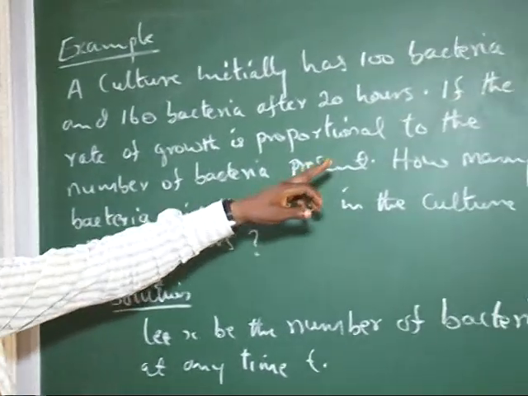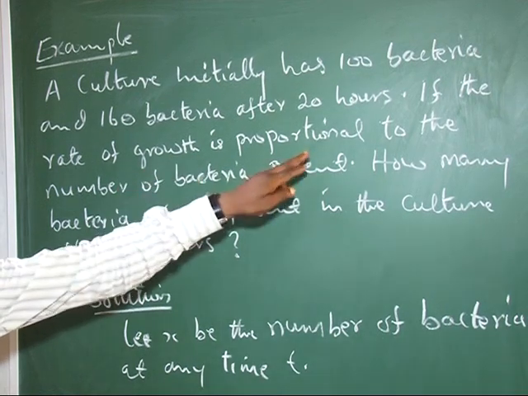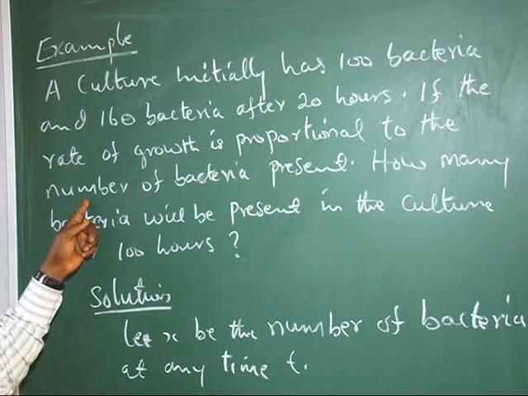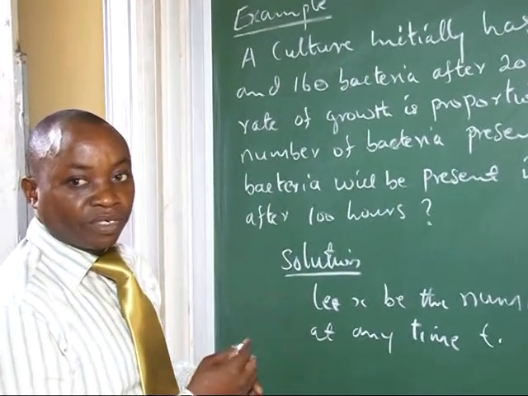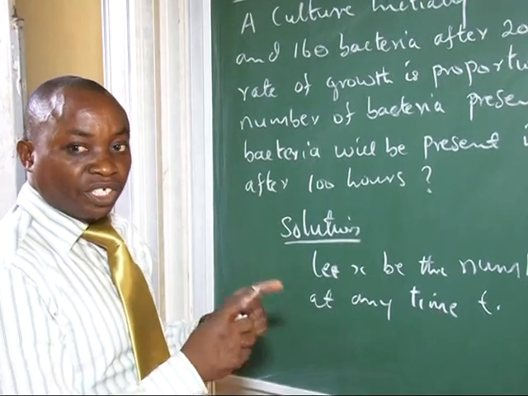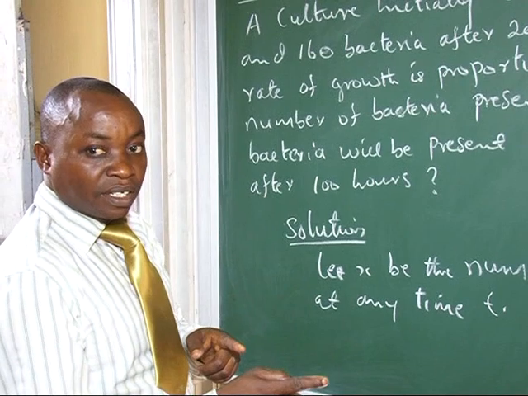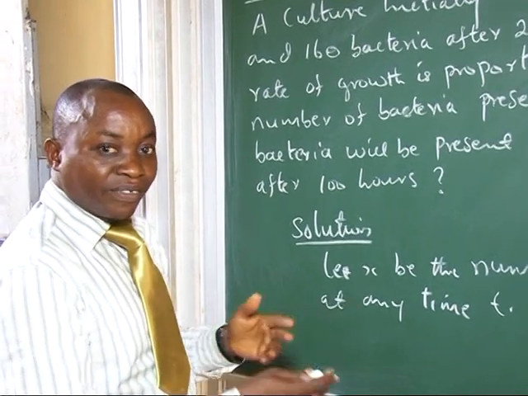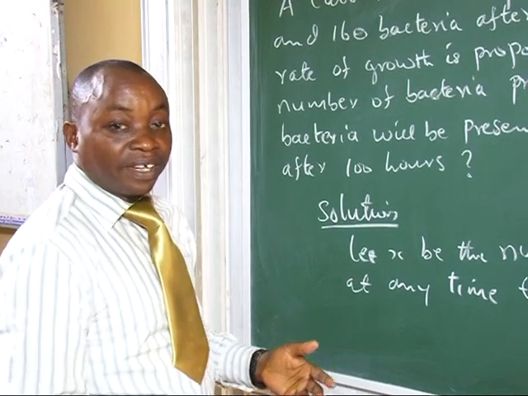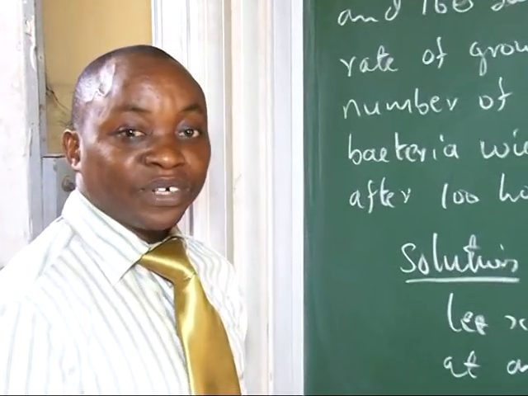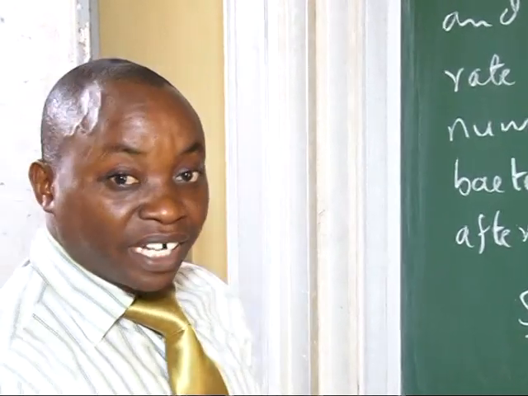if the rate of growth is proportional to the number, look at that. There is a keyword there. It's proportional to the number. The rate of growth, that is the rate of change from the present condition to another condition, that's the rate of increase that has occurred, which of course we know corresponds to the rate of change when we talk about differential coefficients.